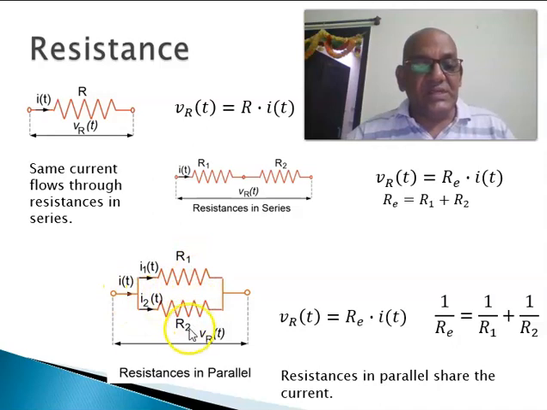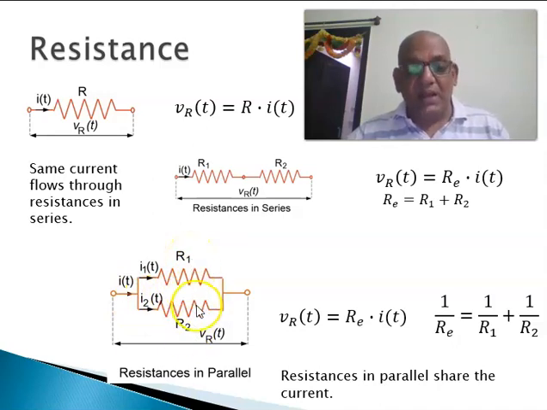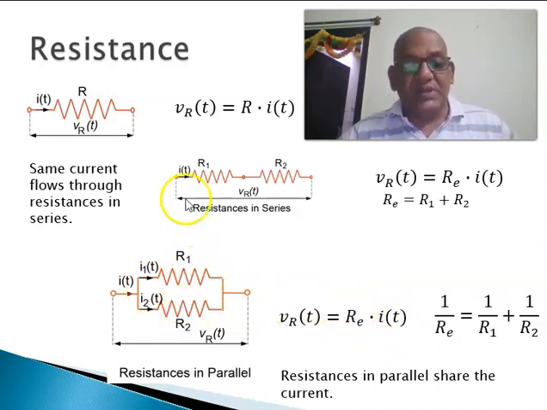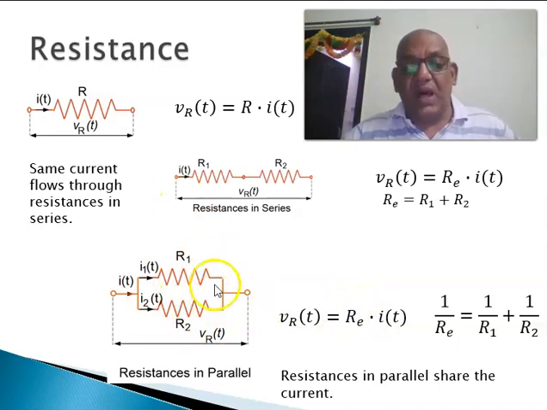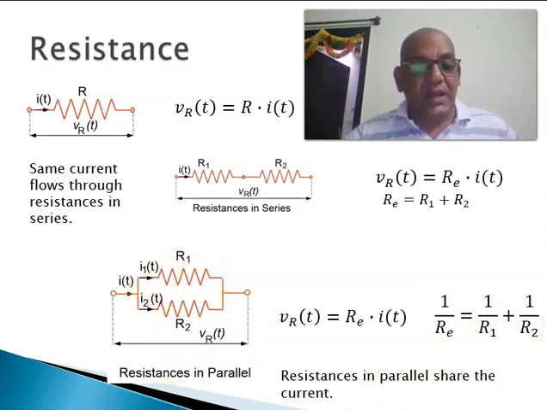When two resistances are connected in parallel, their effective resistance, that is one single resistance which can substitute for this combination of R1 and R2, is obtained from this: the reciprocal of Re is the sum of reciprocals of resistances R1 and R2. Remember that resistances in parallel share the current.